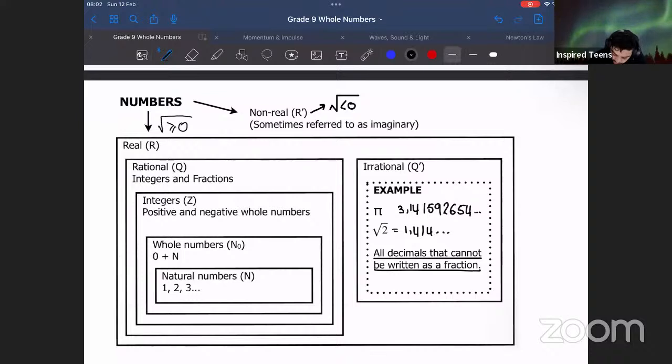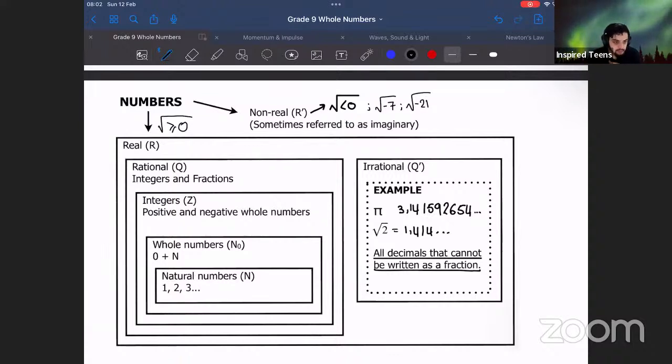So for example, if we have a root like √-7, this is a type of number that we would describe as a non-real number. Another example could be √-21, again, a non-real number. Whenever we have a negative inside of our root, that gives us a non-real number.